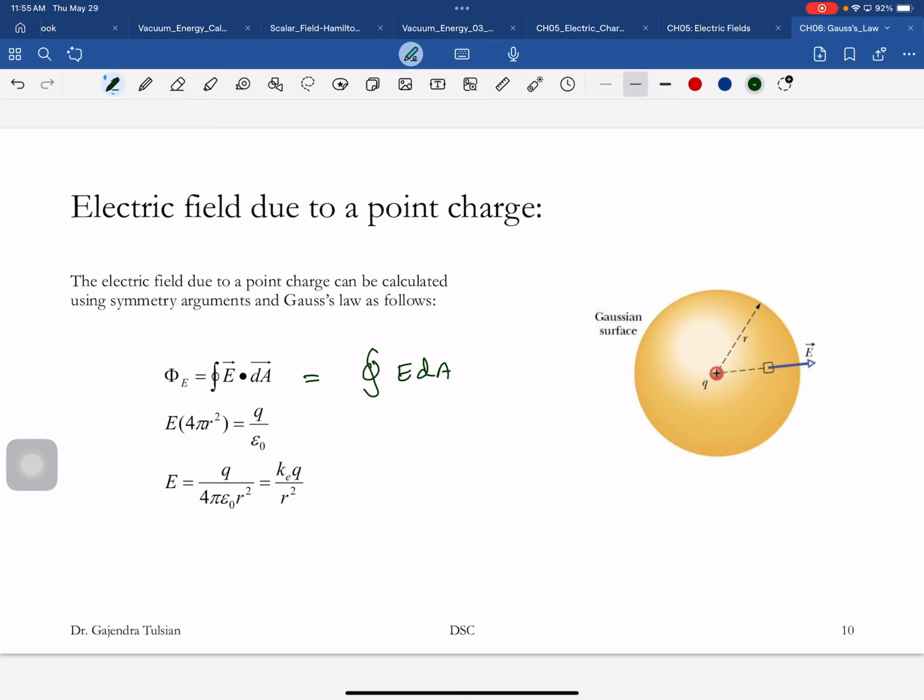E is constant and the same on all points of the surface. dA. What is that telling you? Oh, it's a sphere? Yeah, so it's telling you add up all these area elements on the surface of a sphere. That's the surface area of the sphere. And what's the surface area of the sphere? 4 pi r squared.